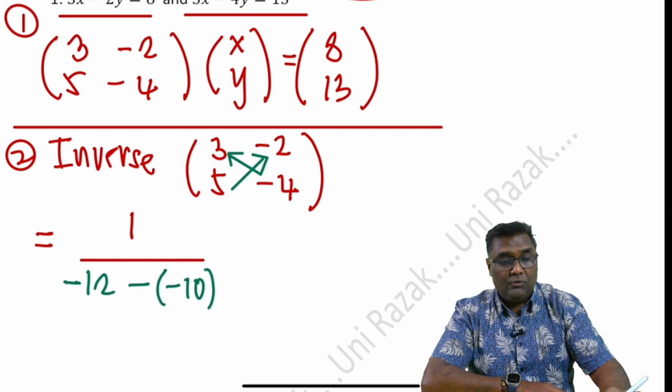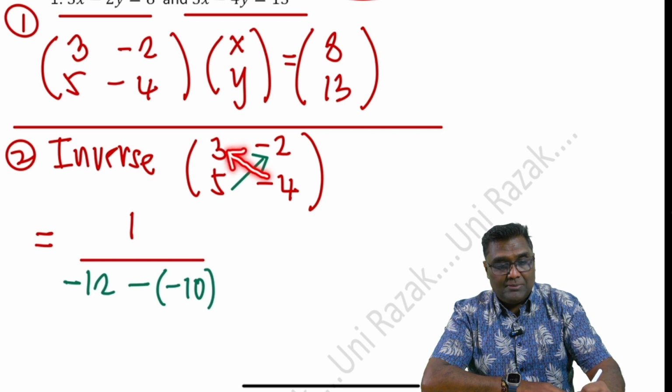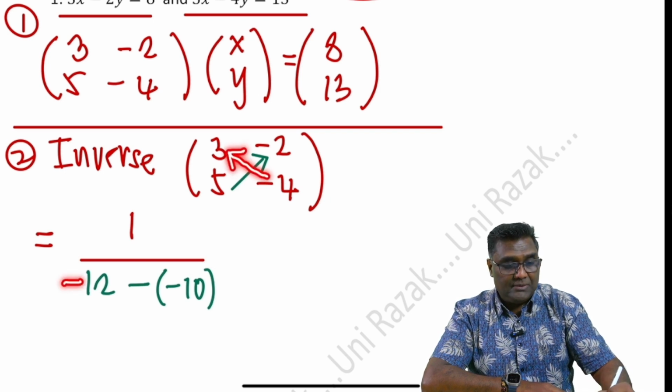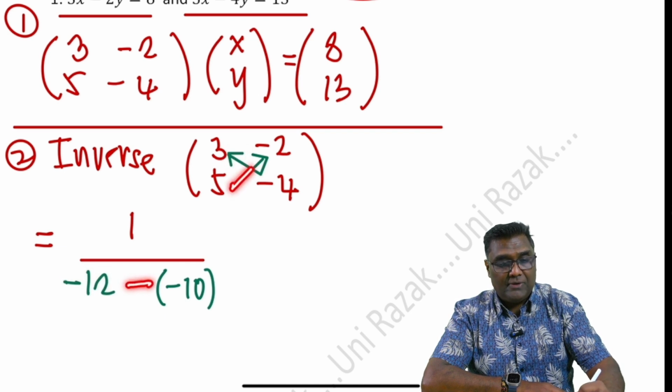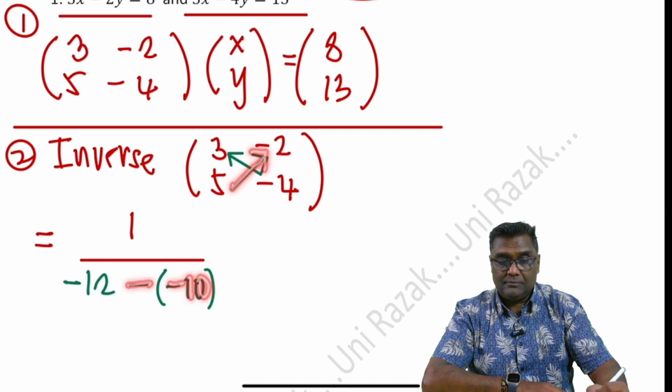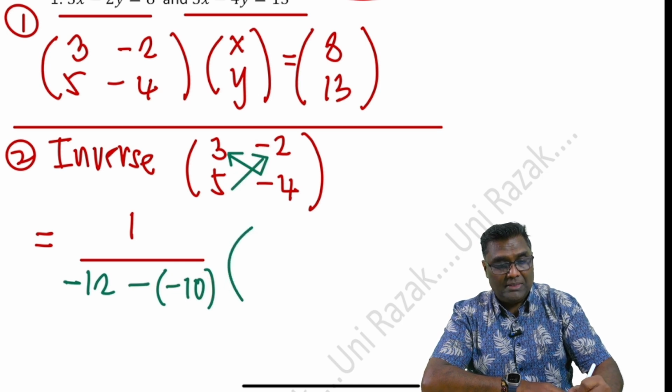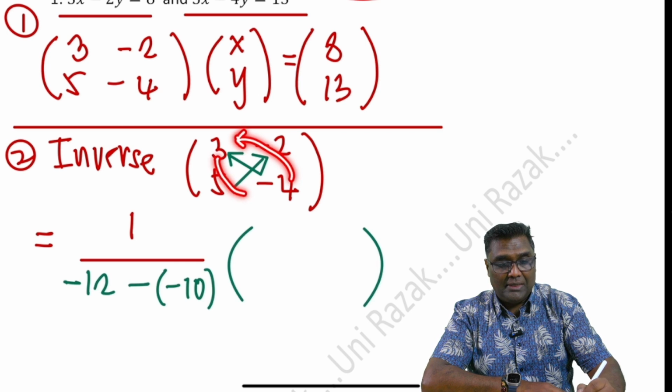Okay, I repeat back again. For me to get the answer, it's 1 over cross multiply: 3 times -4, minus 5 times -2, -10. Then what do I do to the matrix? The first one, I change place.